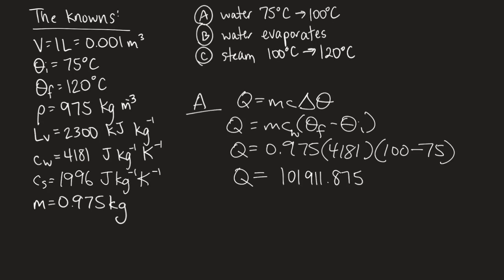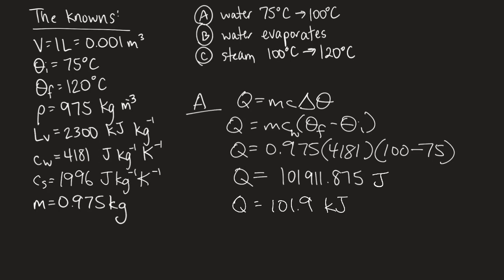If we plug all of that into our calculator, we should end up with 101,911.875, and then we need to be careful about our units here. So this here is mass, that's in kilograms. This is our temperature. Remember, it's a change in temperature, so degrees Celsius is absolutely fine. This specific heat capacity that we used is in joules, so this answer here is also in joules. Now, that's a ridiculous number of joules, and we're probably better off converting that into kilojoules.